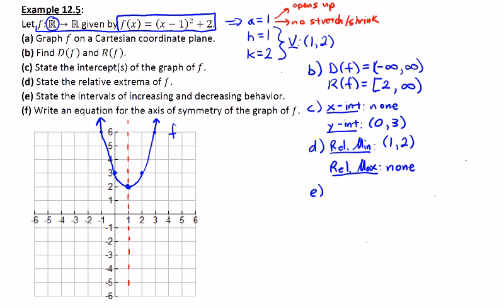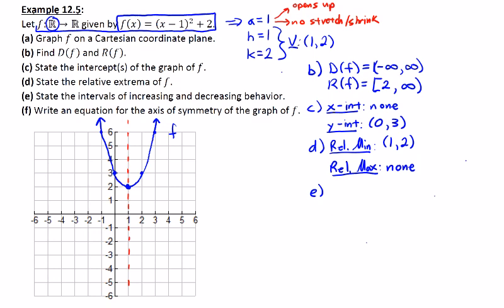The vertex is the most important point on the graph of a quadratic function. And I've mentioned that before, and I'm going to keep mentioning it because it is. The vertex is the turning point between increasing and decreasing, or vice versa. When you are looking at increasing, decreasing, remember to look at the graph from left to right.